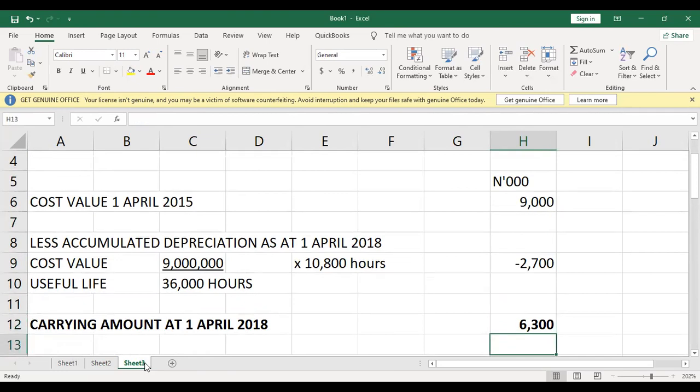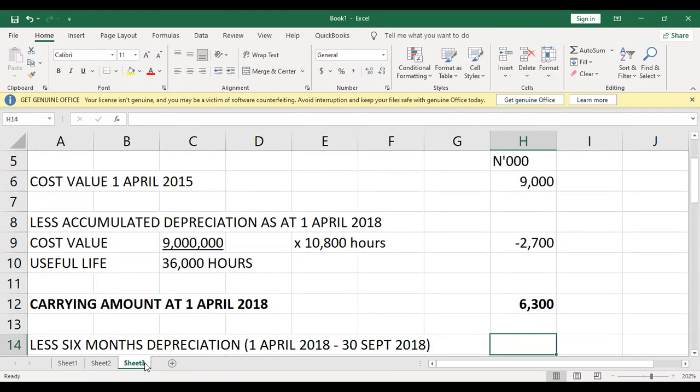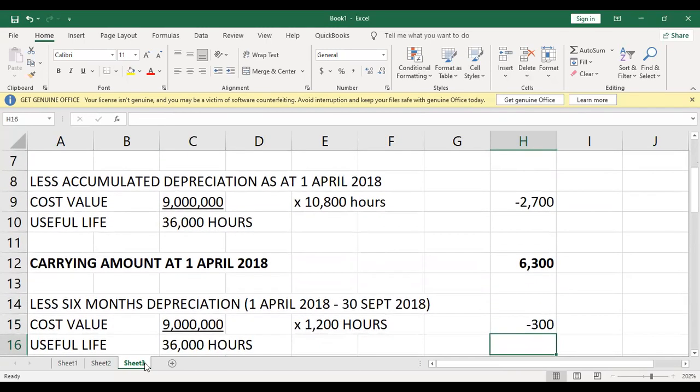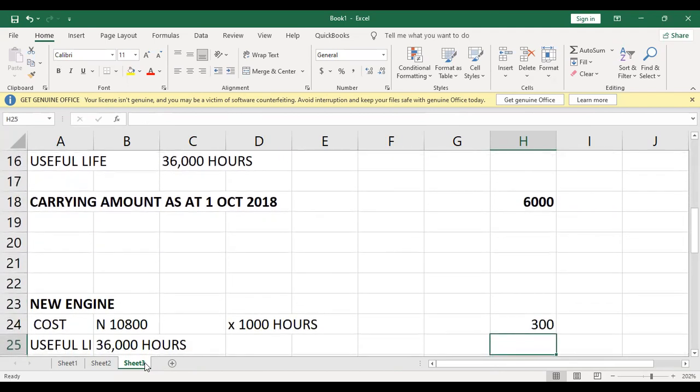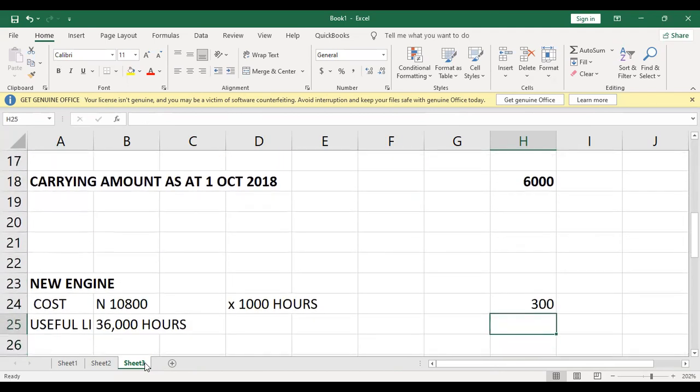Then after that, we have another one of 300,000. That one is 6 months depreciation between April and September, before the accident. Then the new engine, we have another one of 300,000.